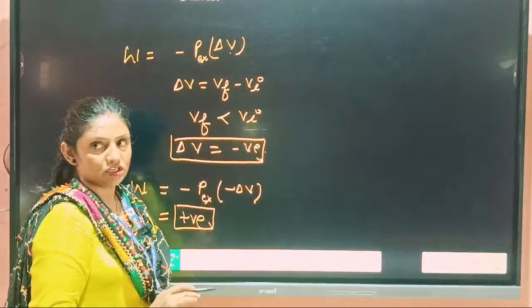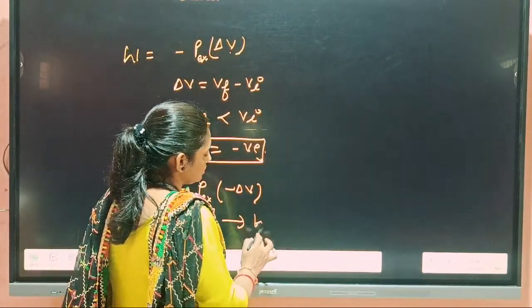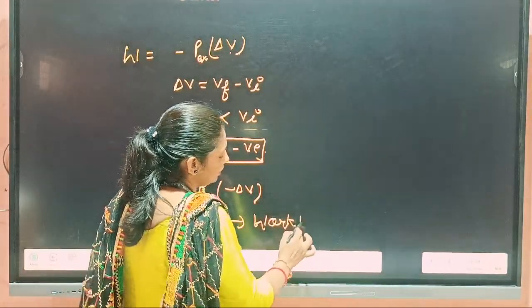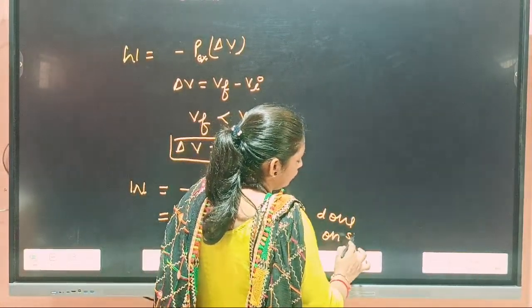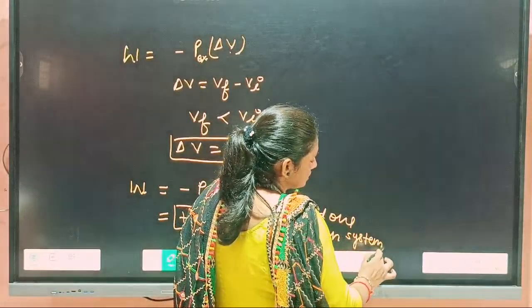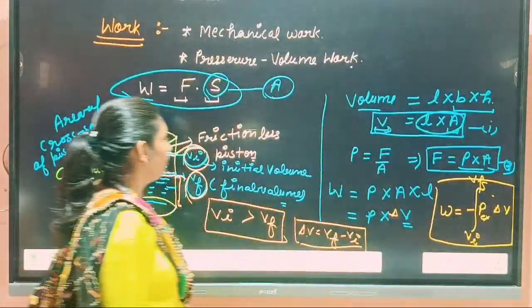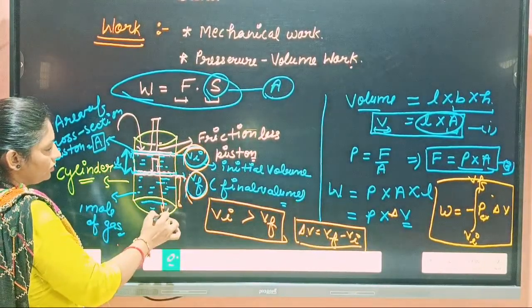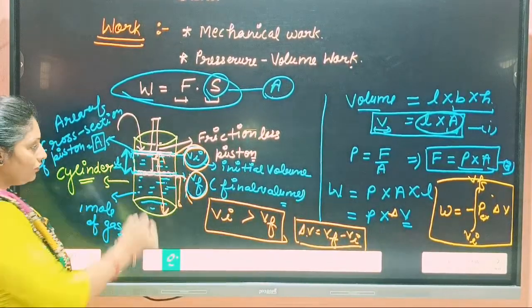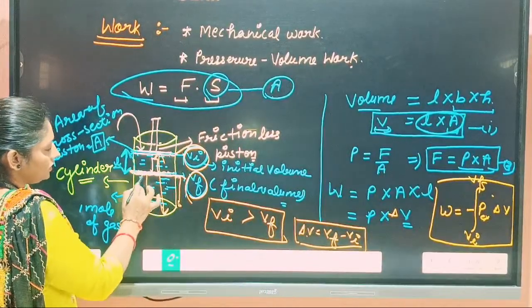When will it be positive? When work is done on the system. So I can say, when we do work on the system, then compression takes place. You can see initially the volume was this one, but now only this one is the volume.